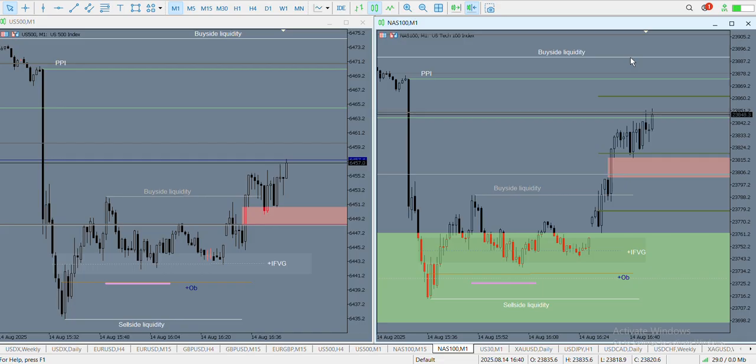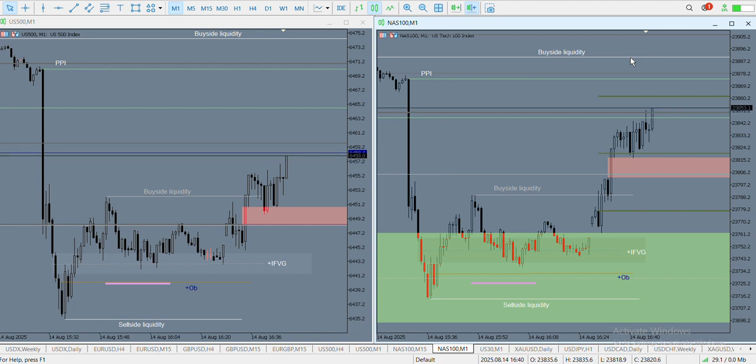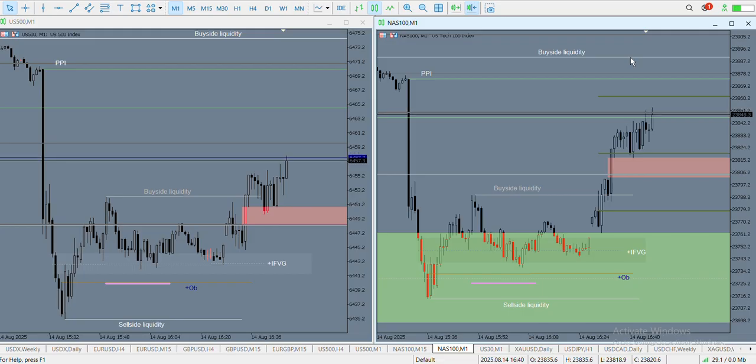So 23,850, we're trading at yesterday's opening range gap low, so close to today's opening range gap high. I like the way US 500 has retraced back into the first present fair value gap for today, and we're moving higher. So we are almost on the midpoint of today's opening range gap, or rather yesterday's opening range gap level.